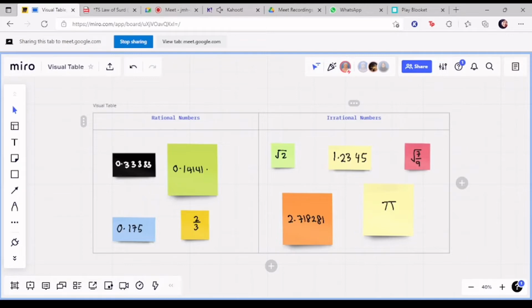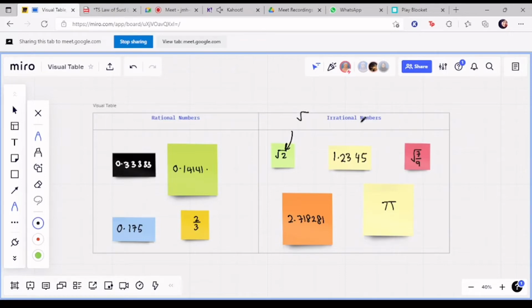Okay, so I need you to do some observation here. Between column 1 and column 2, what are the differences that you can see from the table? For the irrational number, there is a square root symbol. Okay, we have square root.